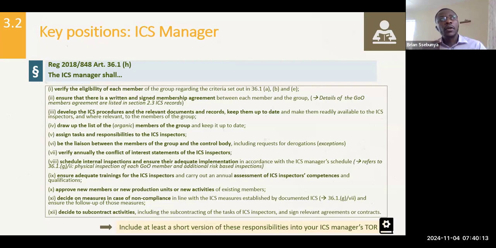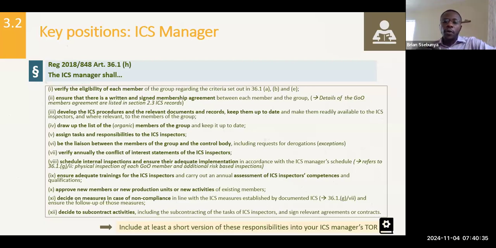When you're being recruited or when you're recruiting an ICS manager, normally there's a job description. So the recommendation, and that's what we put at the bottom, is that you should pick some of these things and include them in the job description of the ICS manager. What we are calling the TOR. In some cases, we call it a TOR, in other cases, we call it a job description.